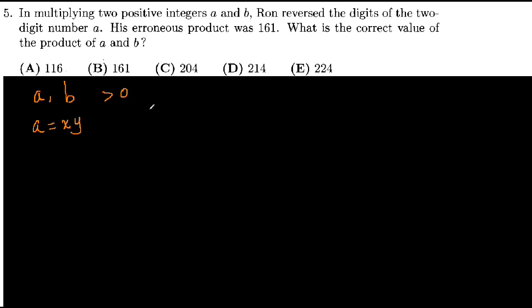So instead of doing XY times B, he did YX, the 2 digit reverse, times B, and that gave him 161. Now the question is, what is A times B?